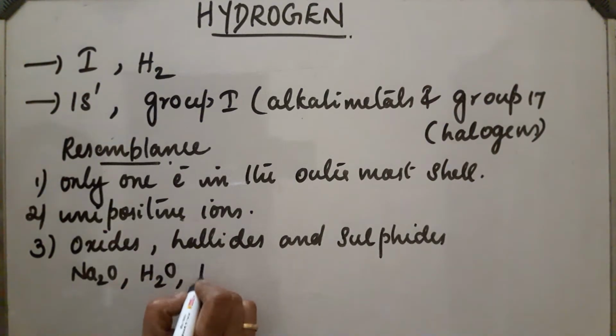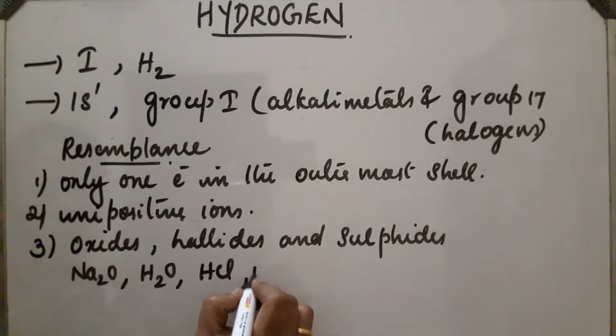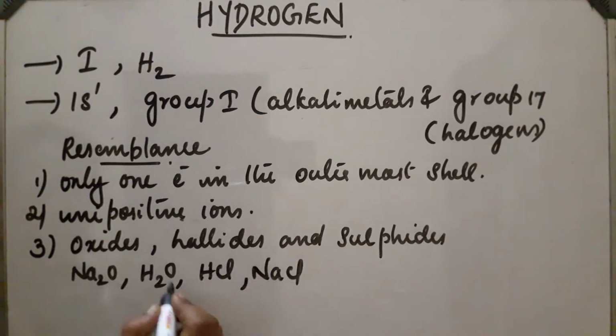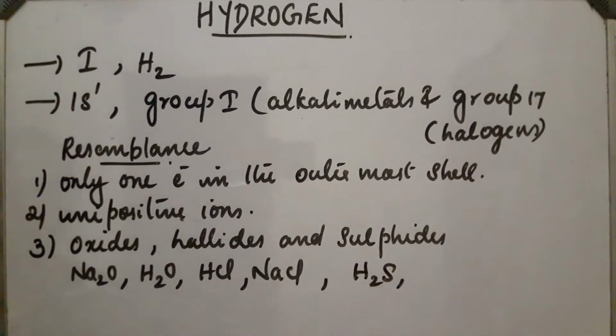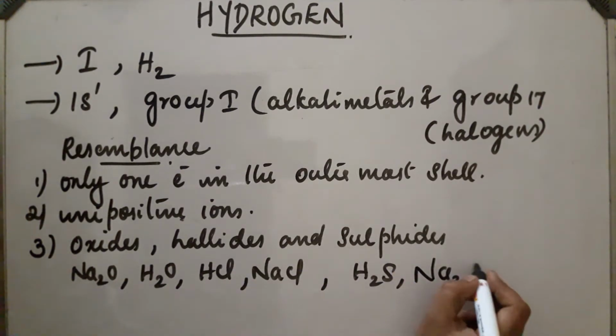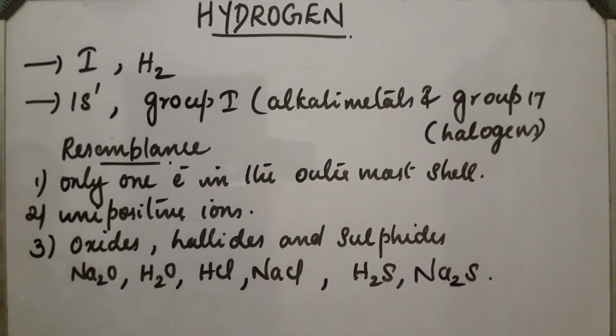Halides: HCl, and sodium forms NaCl. Sulfides: H2S, and sodium forms Na2S. So both alkali metals and hydrogen have the tendency to form oxides, halides and sulfides. These are the resemblances.